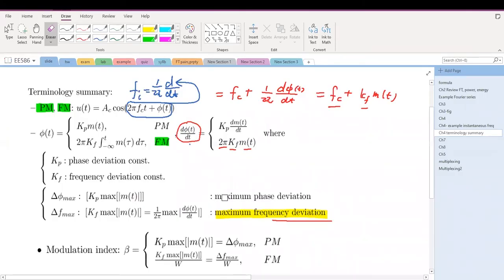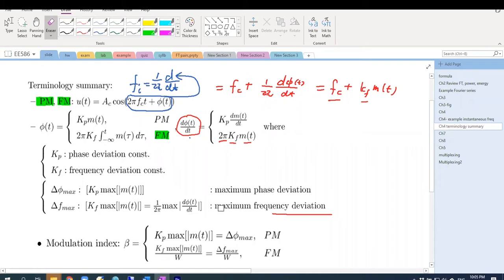The physical meaning of maximum phase deviation is the maximum phase change in the PM modulation caused by the message.